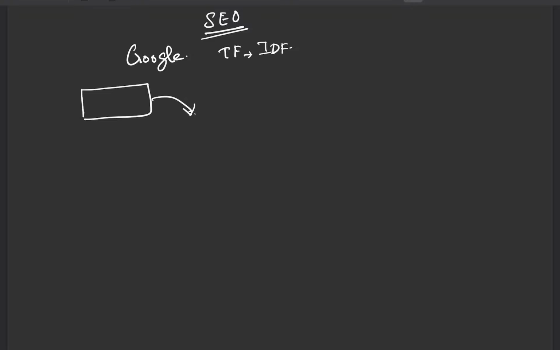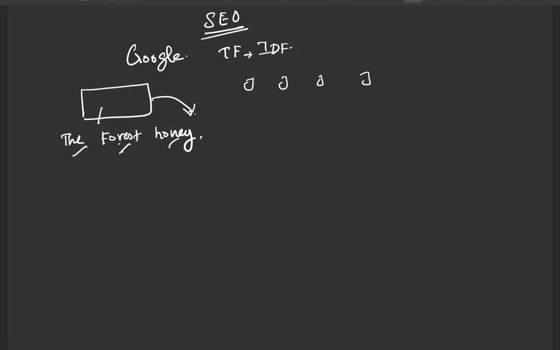So for example, if I enter the forest honey, so how the Google search engine would work initially is, it would be searching across all the documents over the internet and look for these keywords, the forest honey.